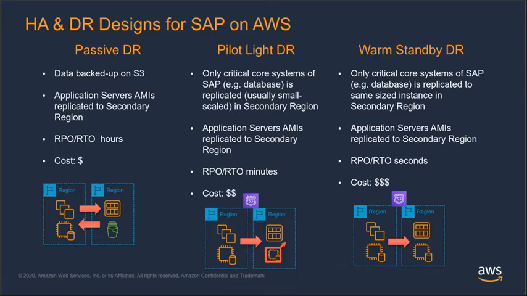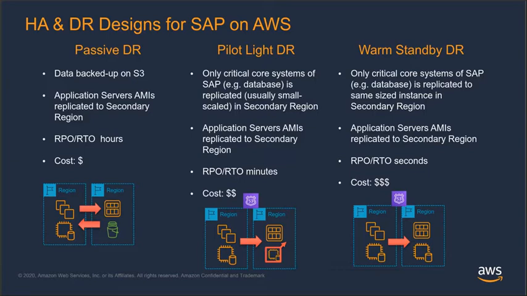Generally, we determine that the RTO for this type of architecture will be measured in hours. Why is that? Because in the event of an incident, you have to restore your AMIs, then use the backup and restore mechanism to recover your SAP application. This would be used for customers that can tolerate a higher RTO, and of course the cost for this type of design is much lower.